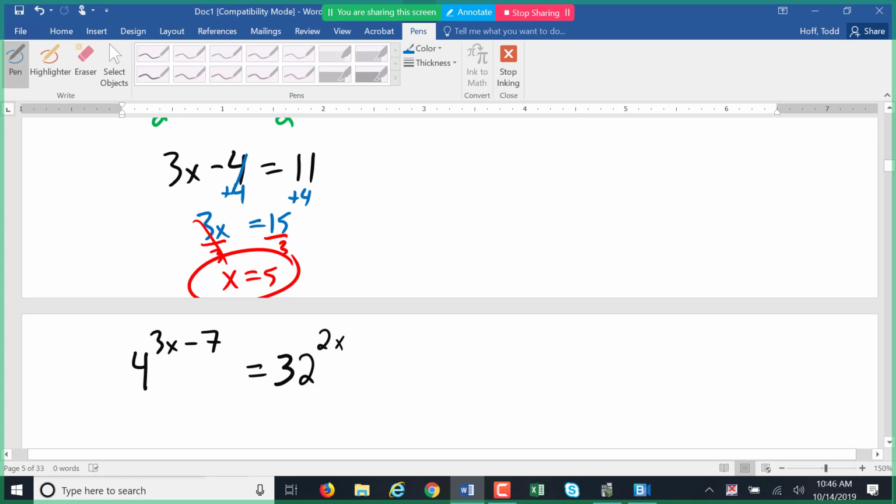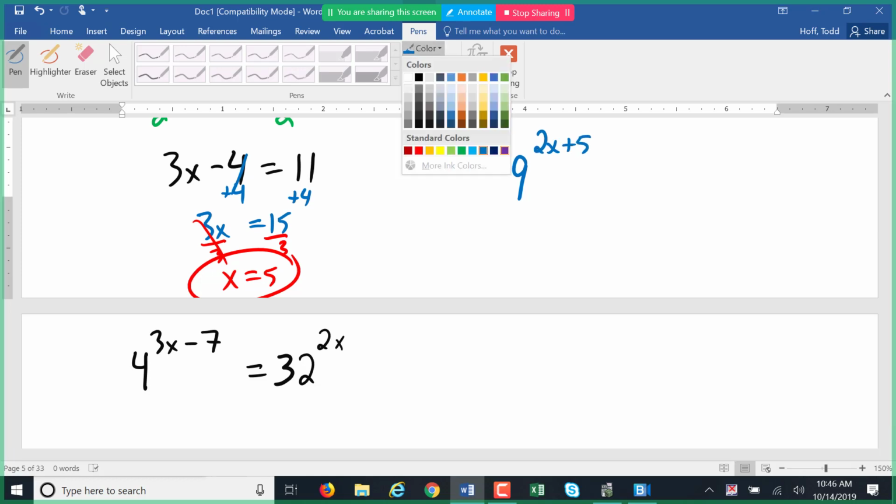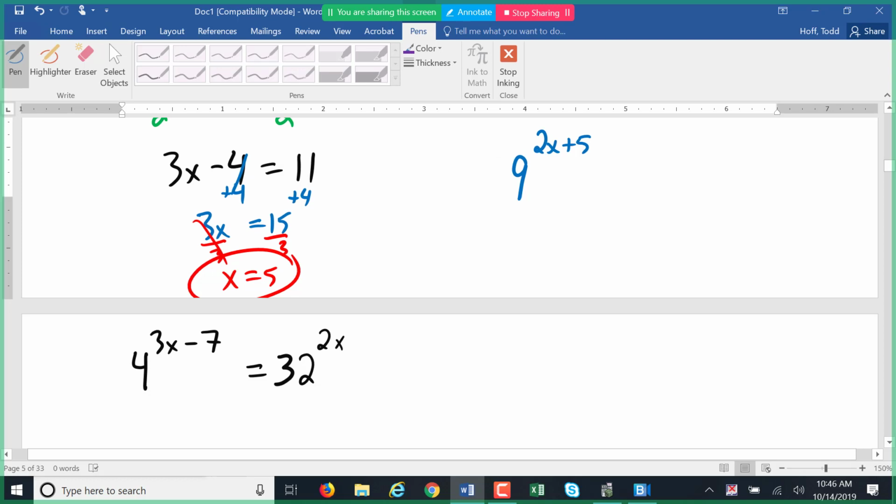If I had, let's do 9 to the power of 2x plus 5, I can redo that as 3 squared to the power of 2x plus 5, where I just wrote the 9 as 3 squared.